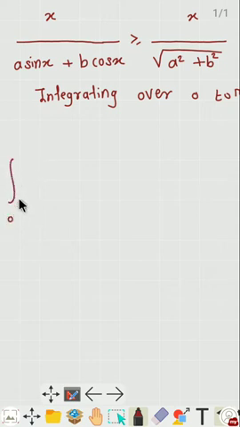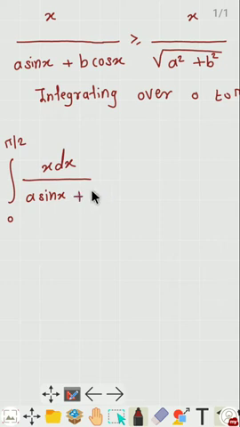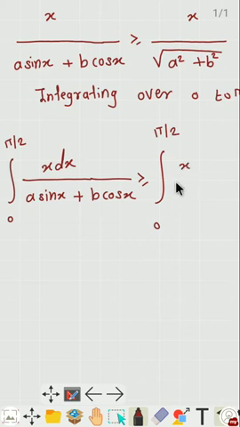integration over 0 to pi by 2 of the function x dx upon a into sin x plus b into cos x is greater than or equal to integration over 0 to pi by 2 of x divided by square root of a square plus b square dx.